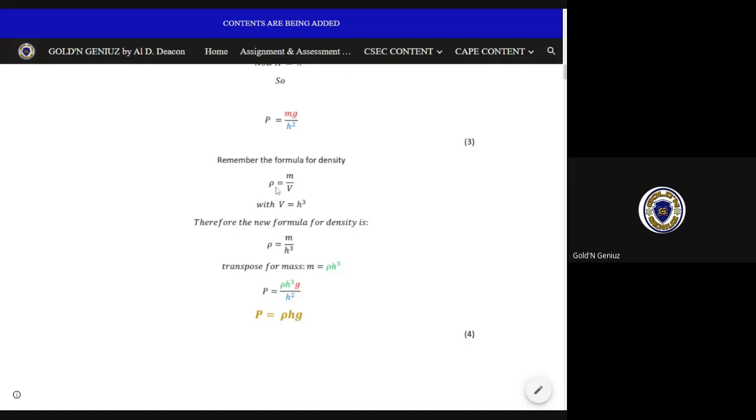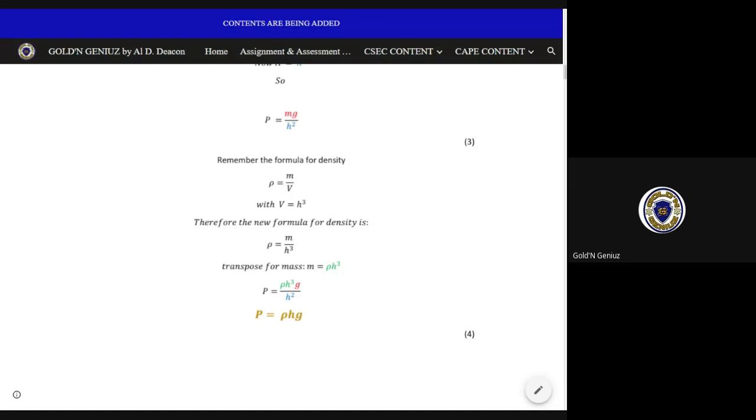I know that mass is density times volume. When I put density times volume here, volume is H cubed, because area is distance times distance, which gives distance squared, the same as H squared in this case.